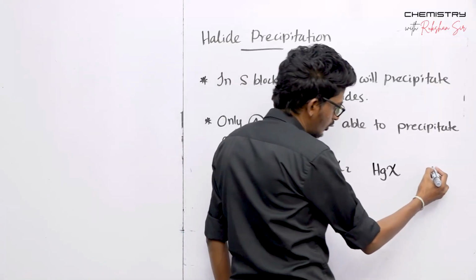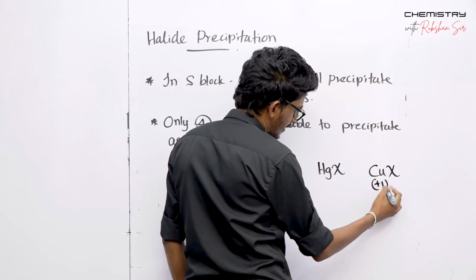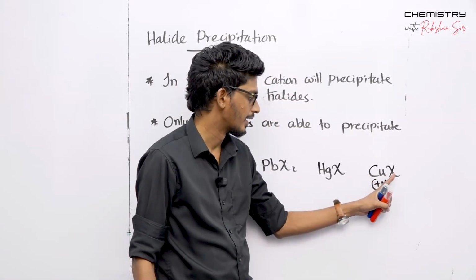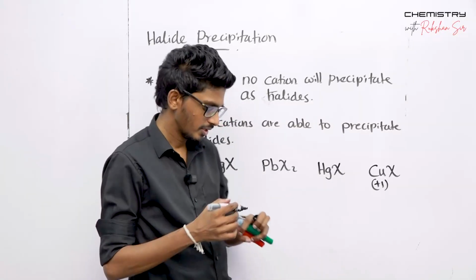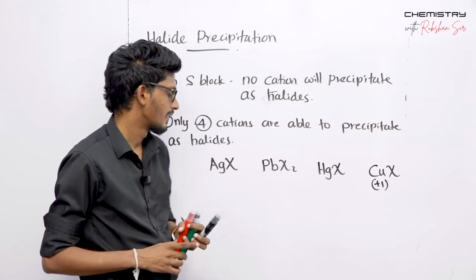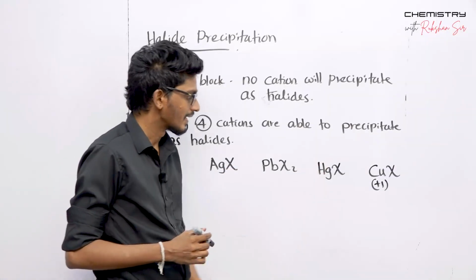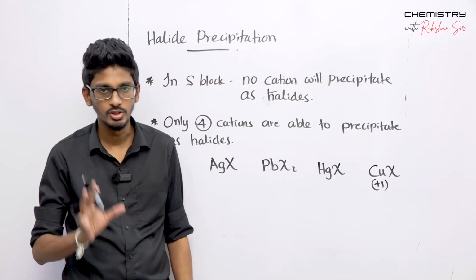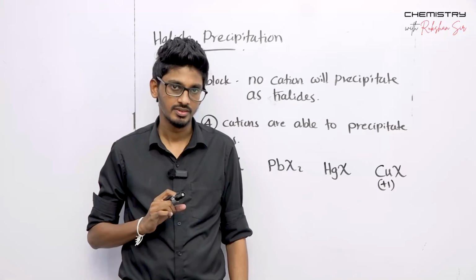And Cu1 plus is also capable of precipitating as halides, CuX: copper chloride, copper iodide, copper bromide. Those are the only 4 cations which are able to get precipitated as halides. That is some additional data you should know other than the precipitation table of S block cations.